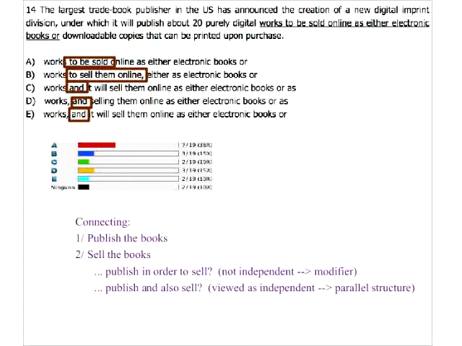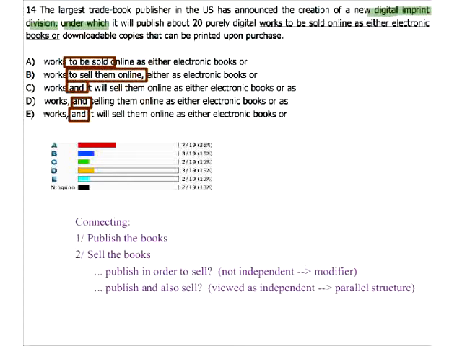Let me tell you, we kind of have to close up shop here pretty soon, so let me clue you guys into this a little bit. What you want to be looking at here is this. You're talking about a digital imprint division of a company under which these things happen. A digital imprint division is the part of a company that makes digital materials.